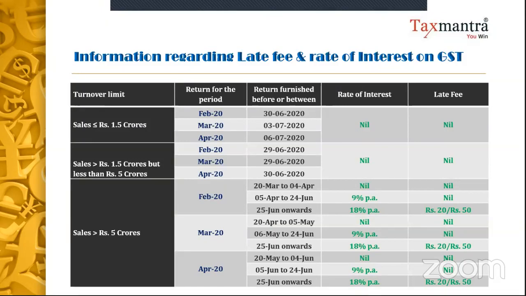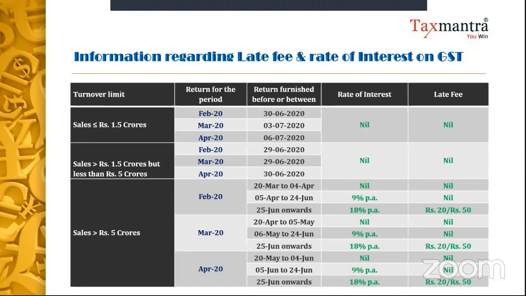If any taxpayer is liable to make a payment in between 5th April to 24th June, there will be 9% interest and no late fees. In case of 25th of June onwards, the interest rate will be 18% per annum, and the late fees will be levied at rupees 20 or 50 as the case may be.